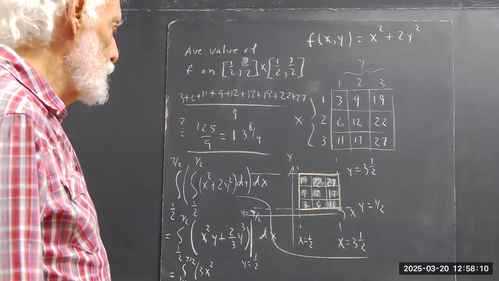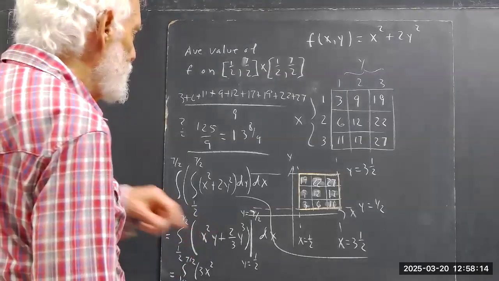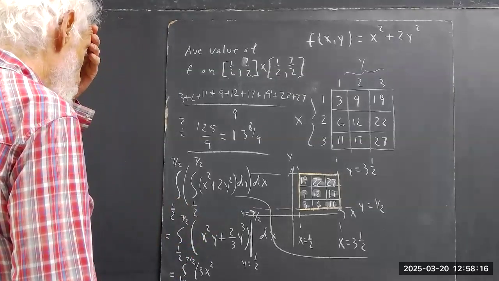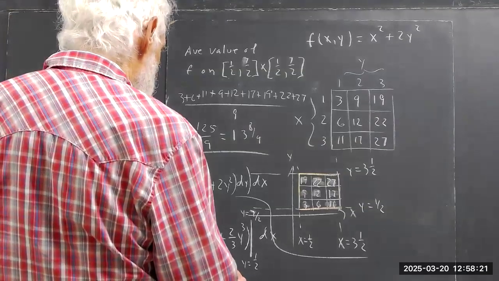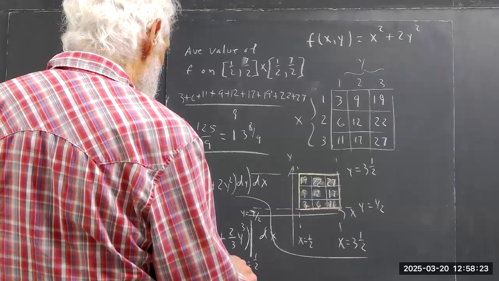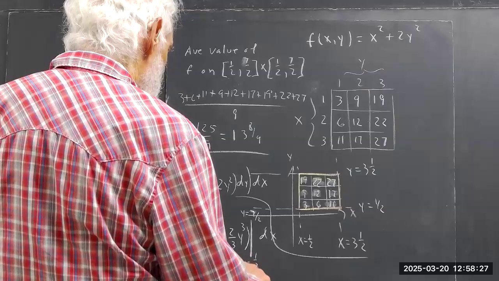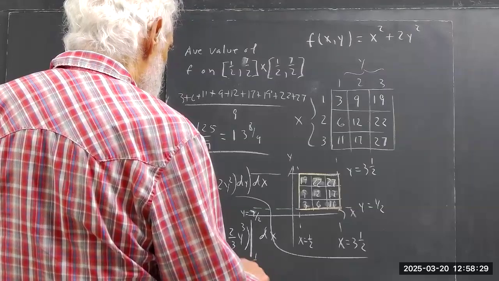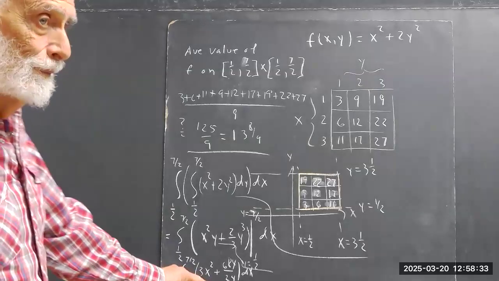So you get 342/8. That's going to give you 684 over 24. And we've still got a dx on it.